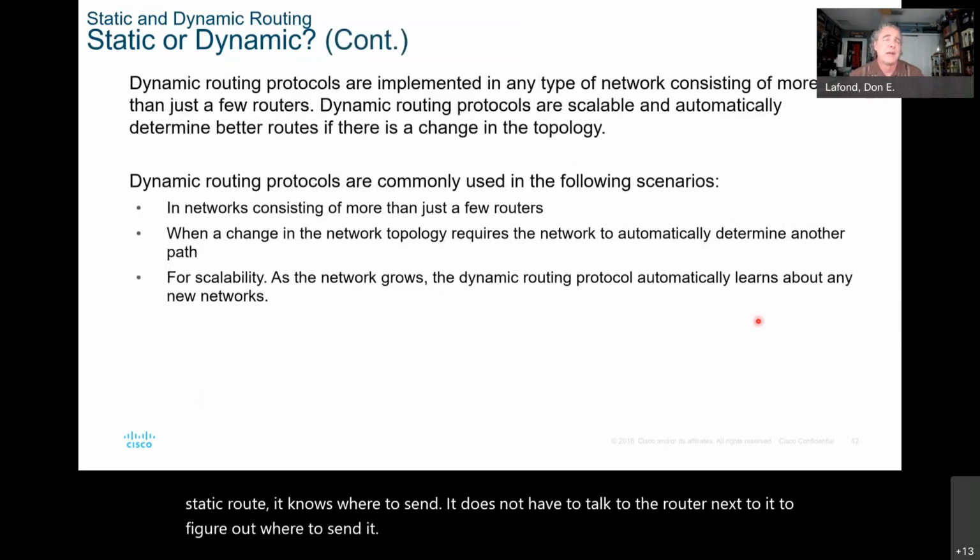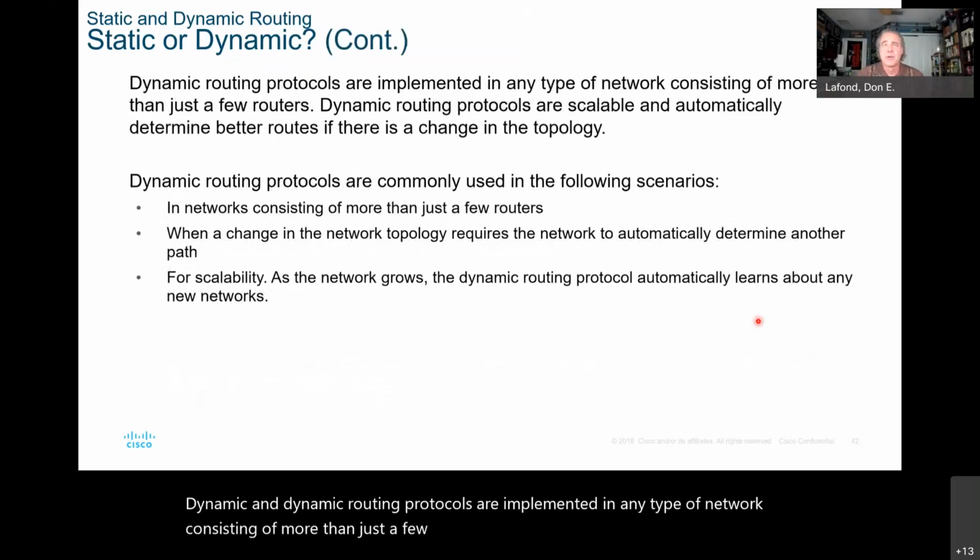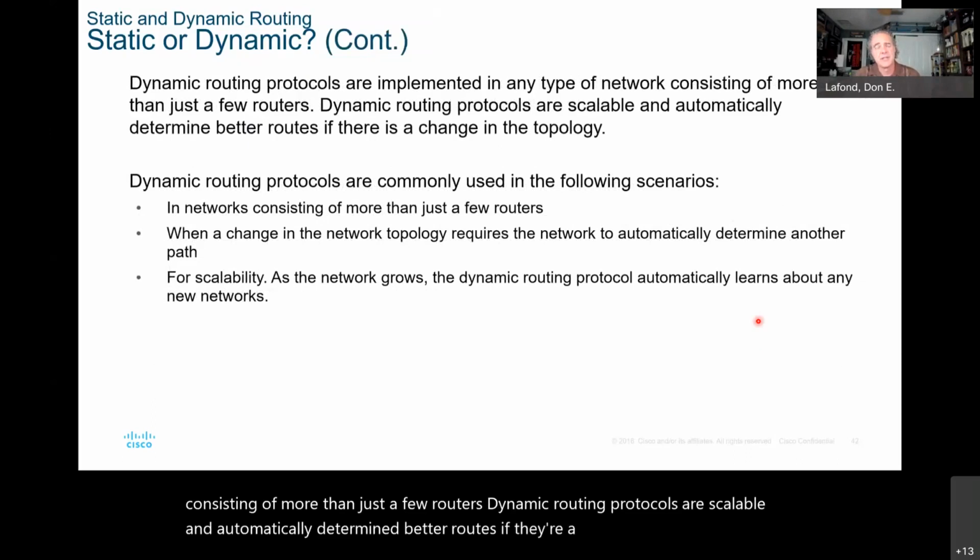Dynamic routing protocols are implemented in any type of network consisting of more than just a few routers. Dynamic routing protocols are scalable and automatically determine better routes if there is a change in the topology.